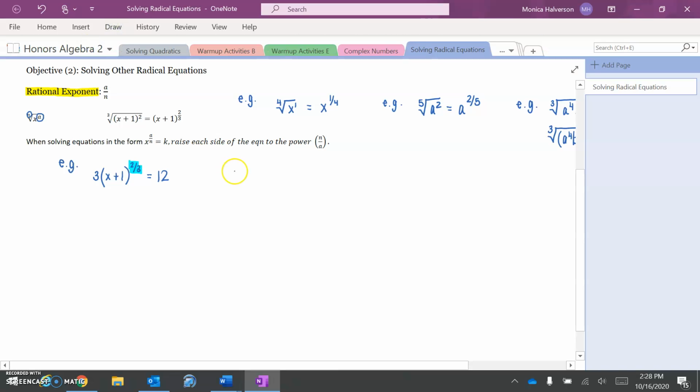We still have to first isolate the radical. And in this case, the radical is the term with the rational exponent. So the first thing we're going to do is divide by 3 here.